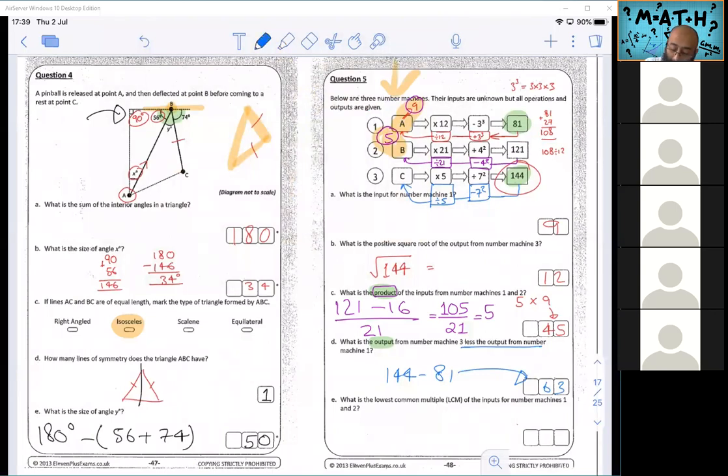So they want you to find the LCM of 5 and 9. I think it's 5 times 9, which equals 45, because that will be the first number that both times tables share.